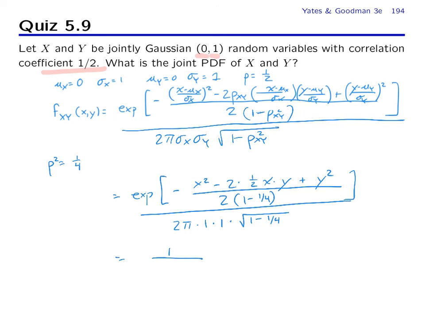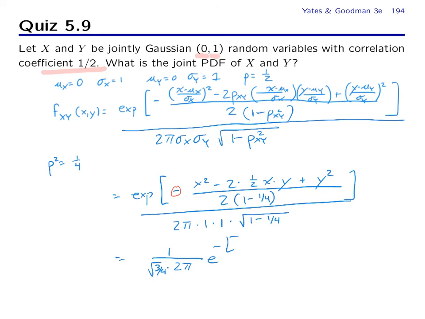1 over the square root of 3/4 times 2 pi times e to the minus. And keep in mind that this minus sign is in front of the entire fraction.